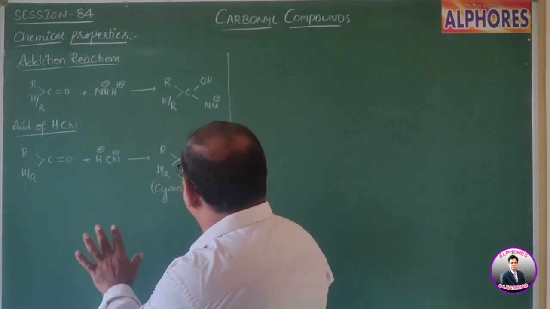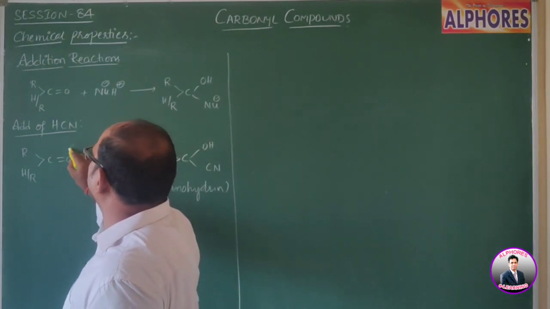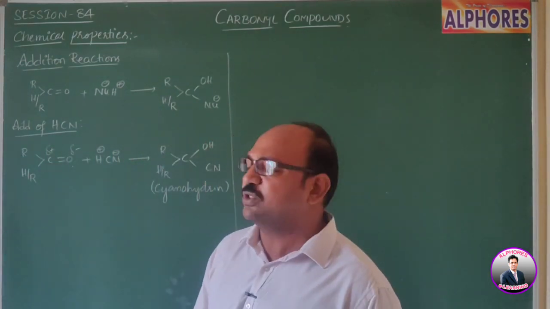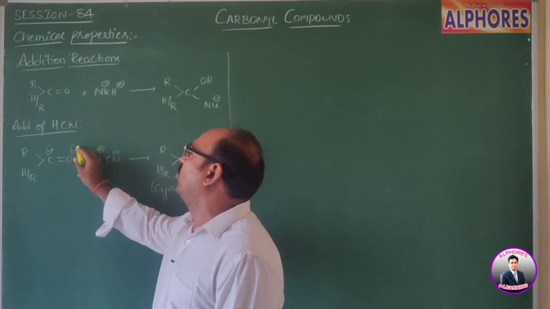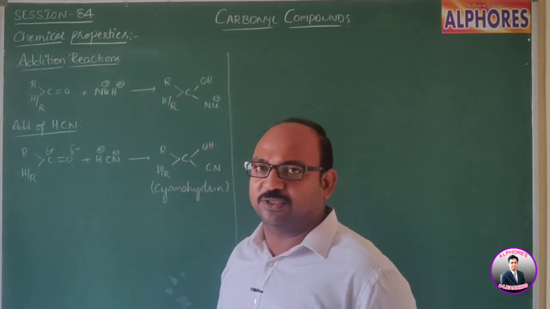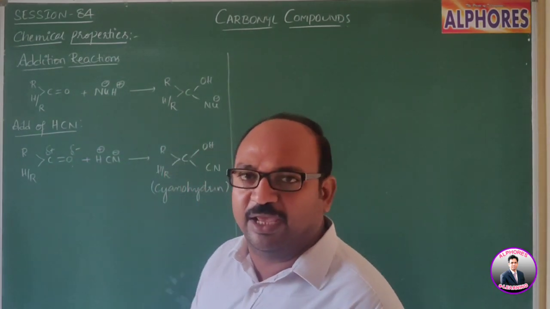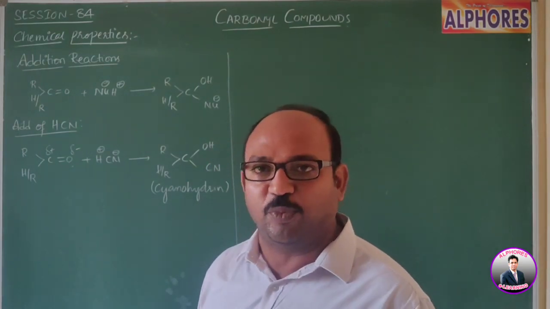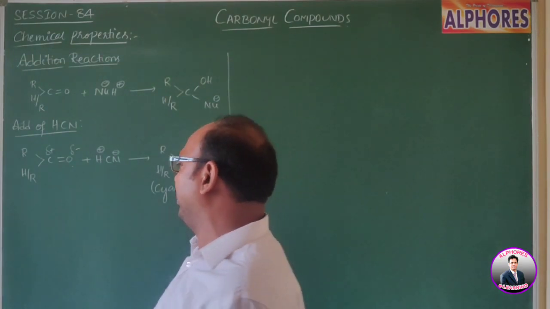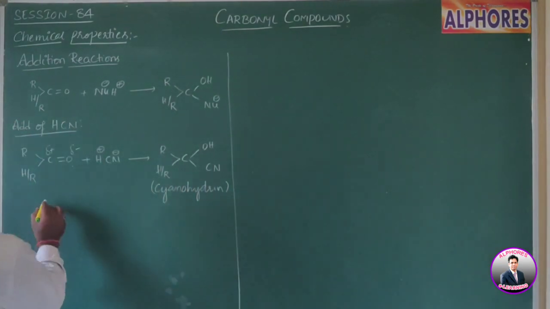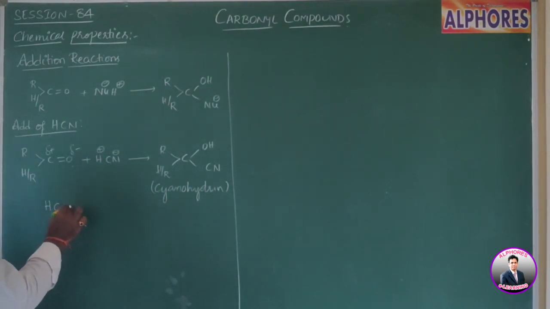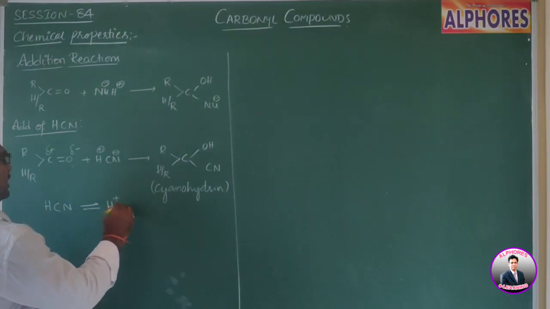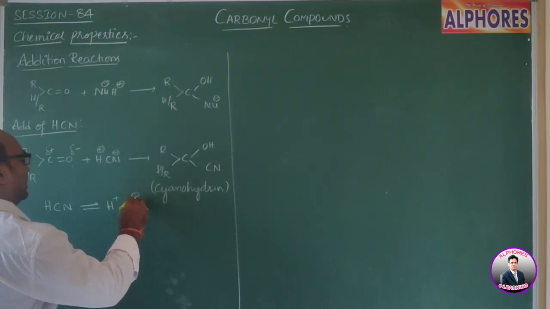Until here, this is fair. Nothing is a problem here. H plus goes here; as you know, this one has a negative charge and this carbon bears a positive charge. So CN minus attacks this carbon, and O minus attacks the hydrogen, H plus. Till here it looks very clear, but there is a problem. The problem is, first of all, HCN is a weak acid. Its dissociation is very less.